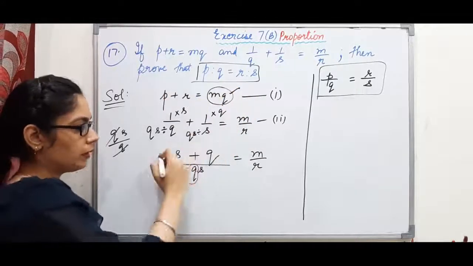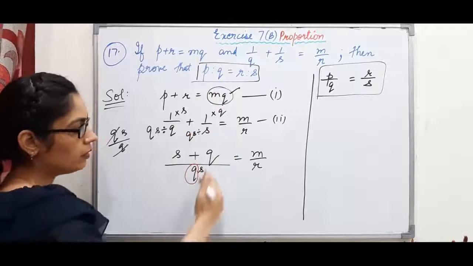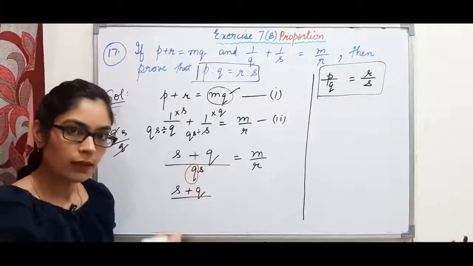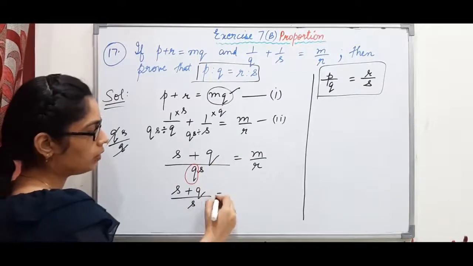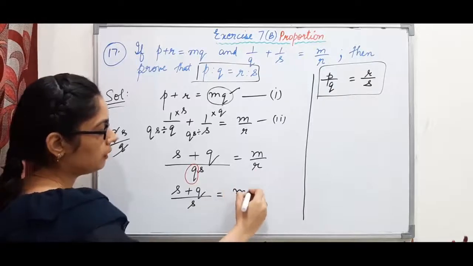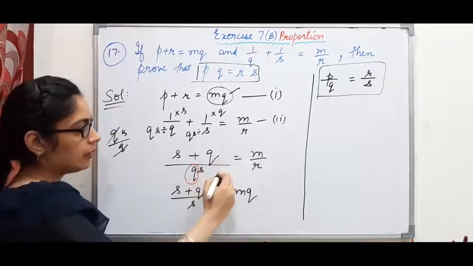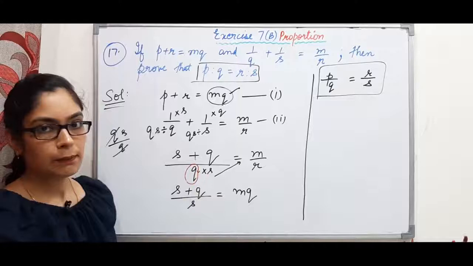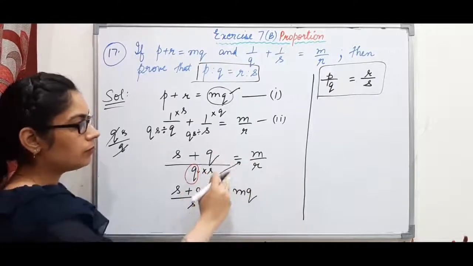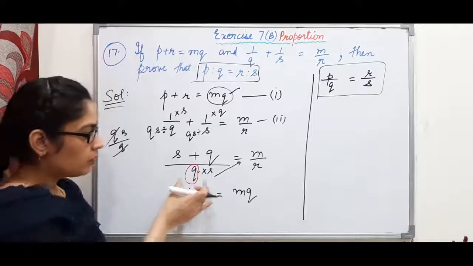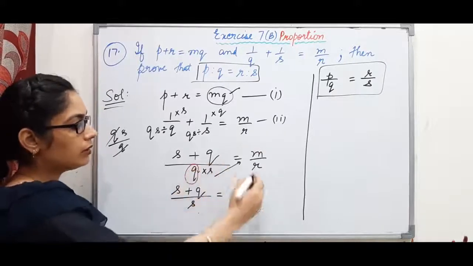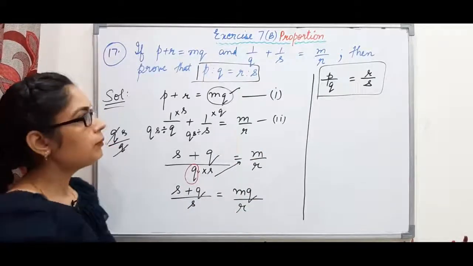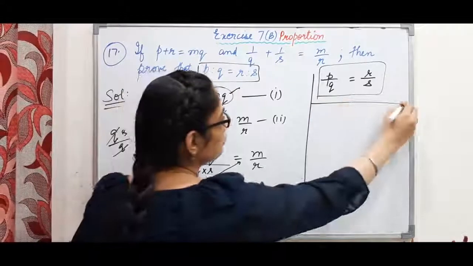Whichever thing is written in the denominator, if I shift it to the other side it will get multiplied, so M into Q. It's like a cross multiplication, because these are all in multiplicative and division form. So when I shift it to the other side it will get multiplied by M by R. I did this step because the value of MQ is given to us.